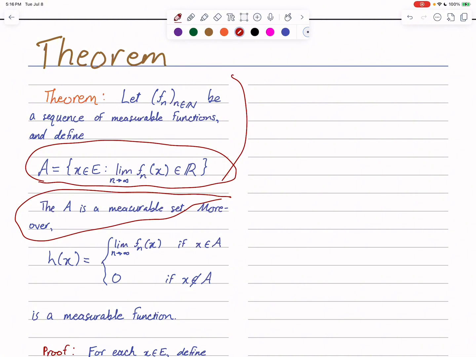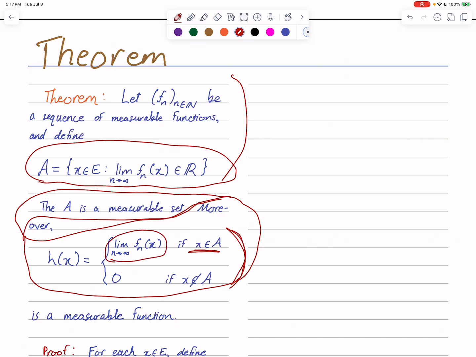And what that has the effect of doing is telling us that in a sense we can restrict our function to this set. Not in the usual sense, though. What we're really going to say is that we can build this function h, and if you evaluate h at some point that is in A, which is to say some point where the sequence converges, then we use the value of the limit of the sequence.